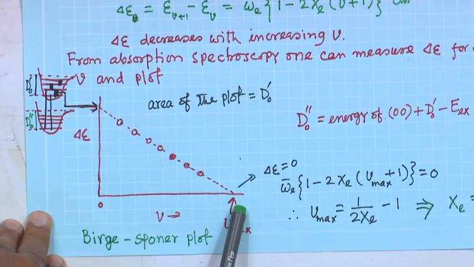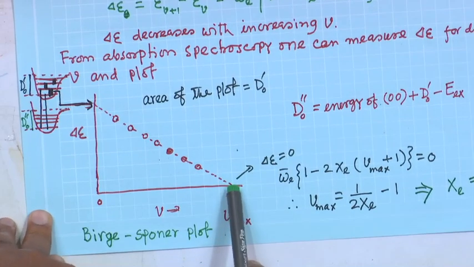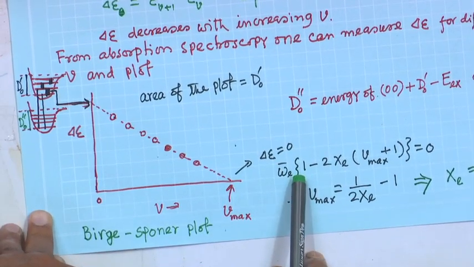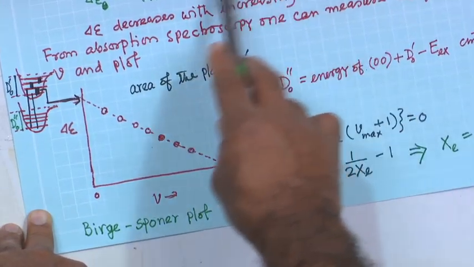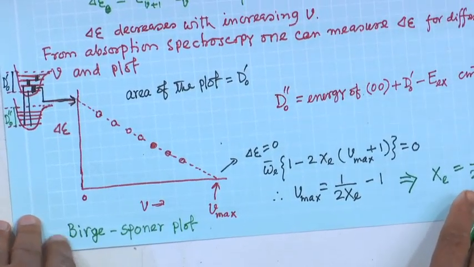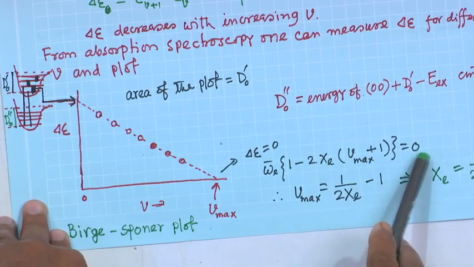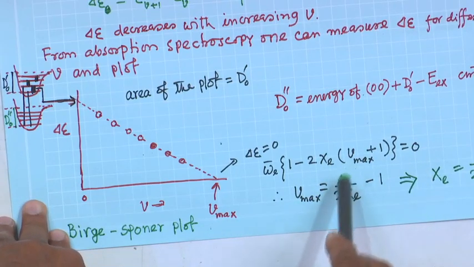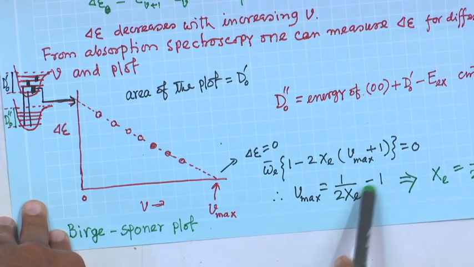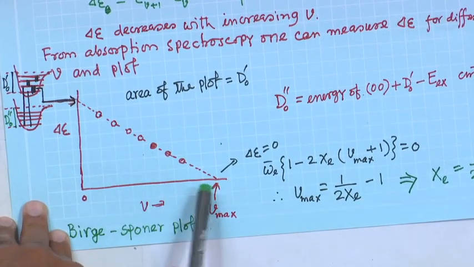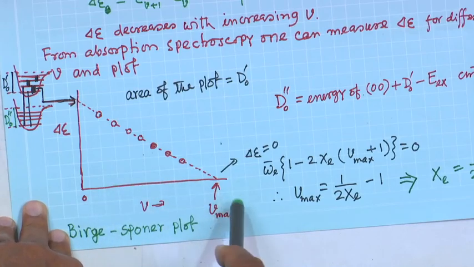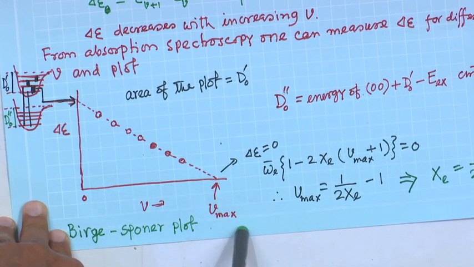At this point delta E equal to 0, and then you get V max equal to 1 by 2 x e minus 1. So experimentally one can get the value of V max.